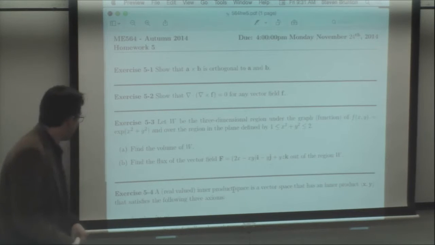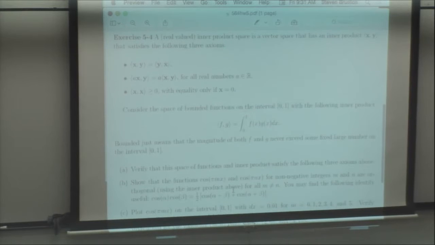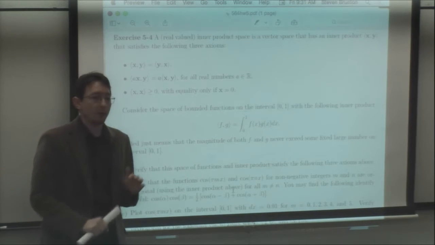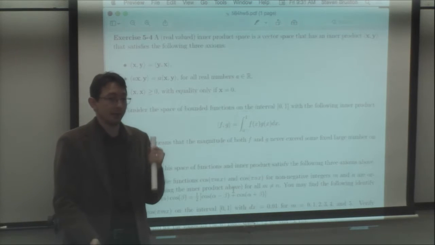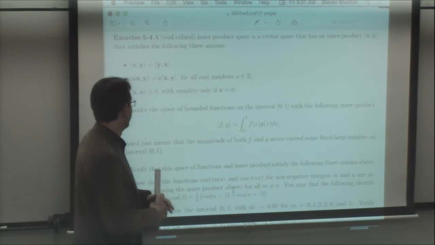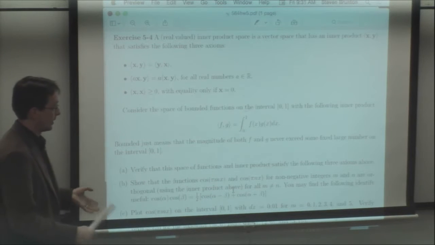Okay. The fourth problem is a little bit, I wouldn't say it's difficult, but it's really important. So I told you that we wouldn't talk about infinite dimensional function spaces until after Christmas, and I apologize, but I lied. It's so important. So I'm going to bring this up again in ME565.